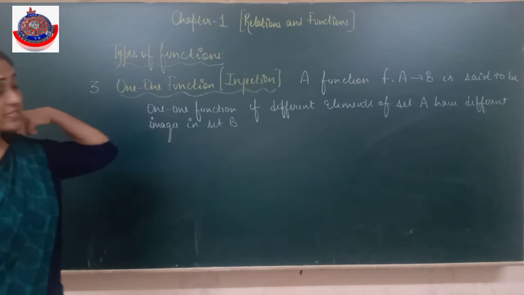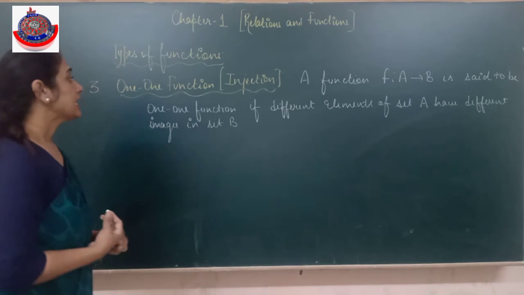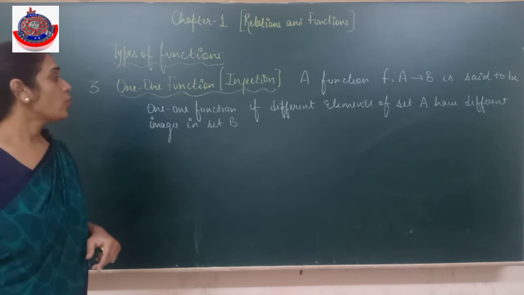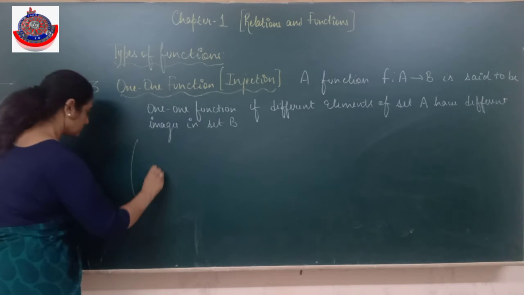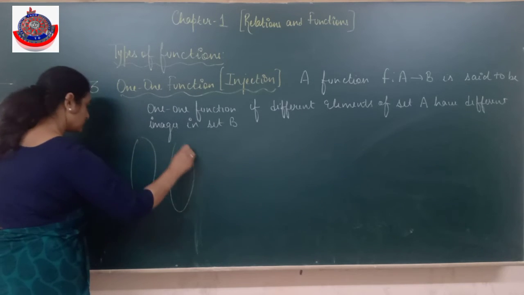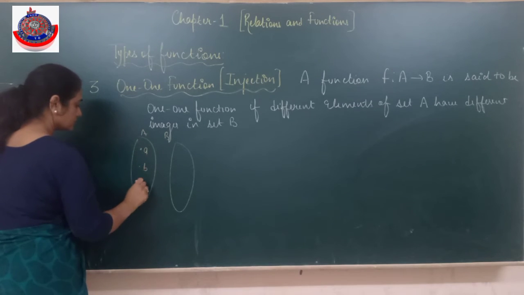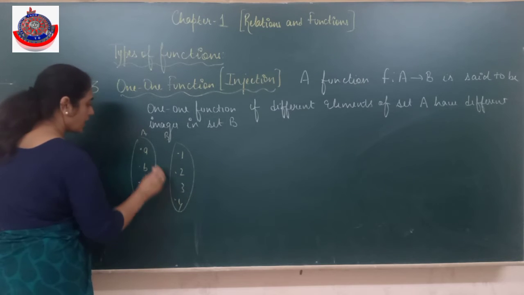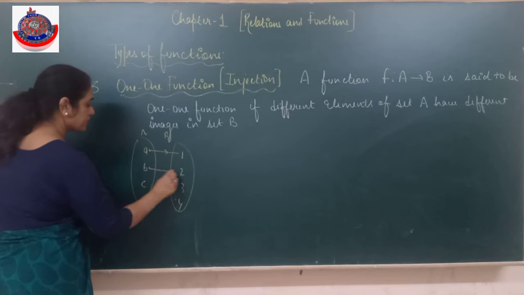Different elements of set A have different images in set B. Then the function is said to be 1-1. It means one element has a different image.